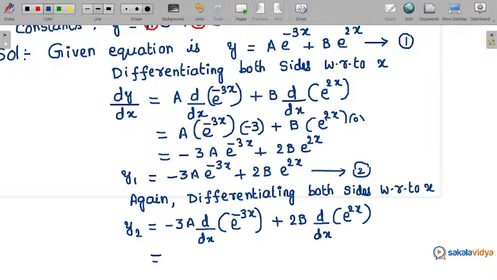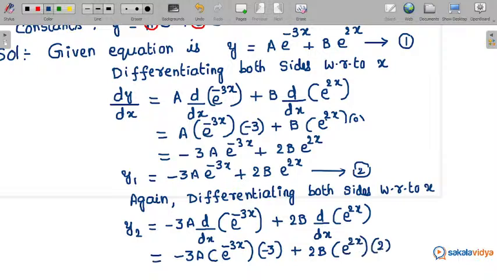Now we can write minus 3a times e power minus 3x, differentiation is e power minus 3x times the derivative of minus 3x, which is minus 3, plus 2b times derivative of e power 2x is e power 2x, again 2x derivative is 2.